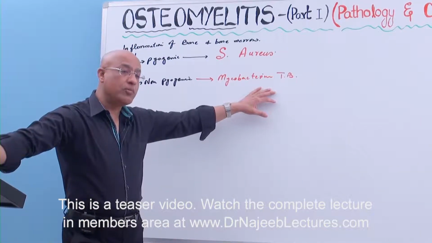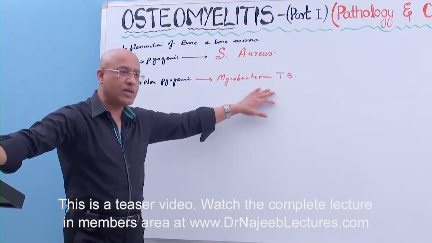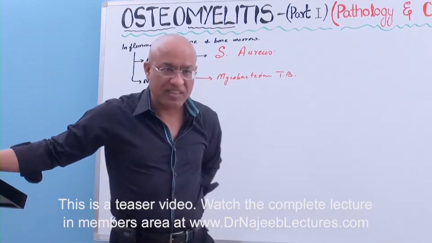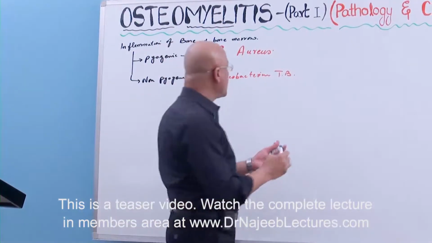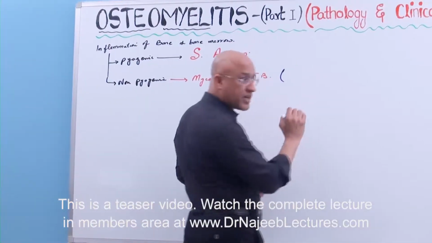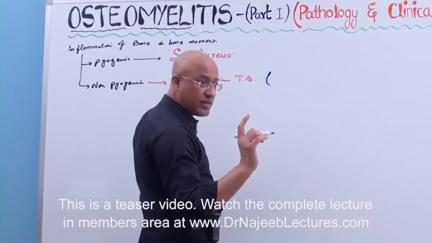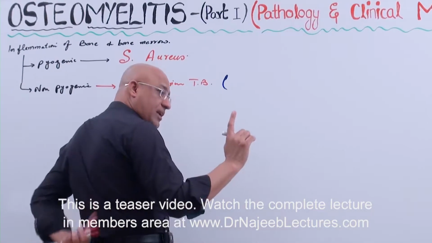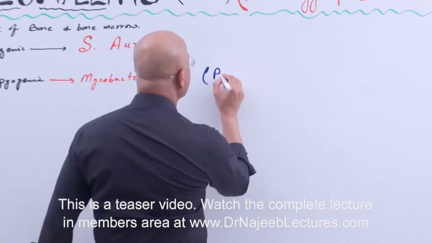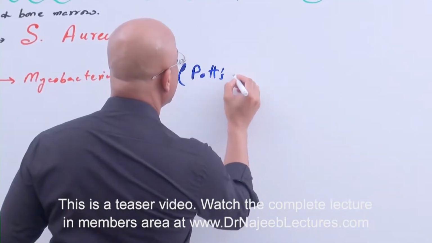When Mycobacterium tuberculosis involves the vertebra, the spine, the condition is called Pott's disease.